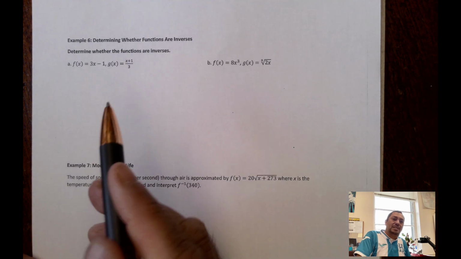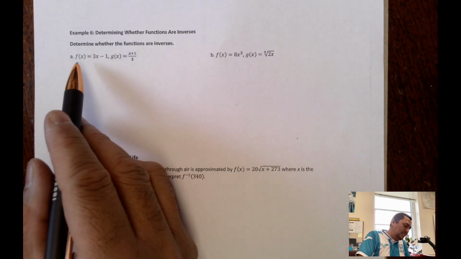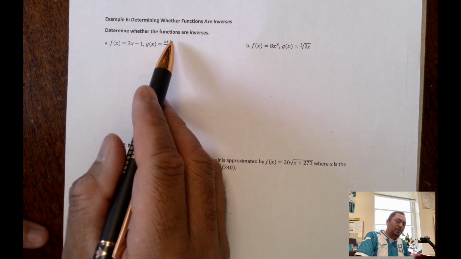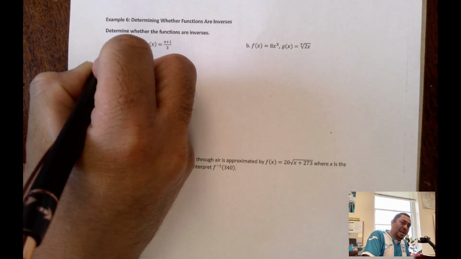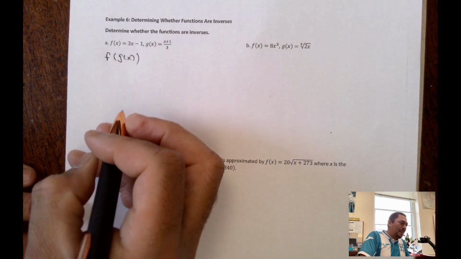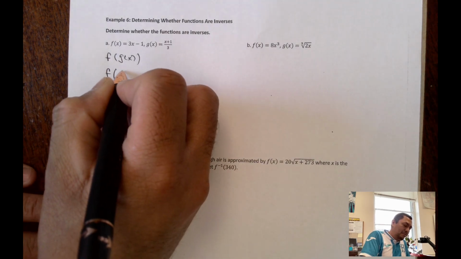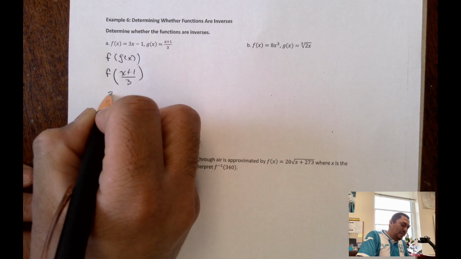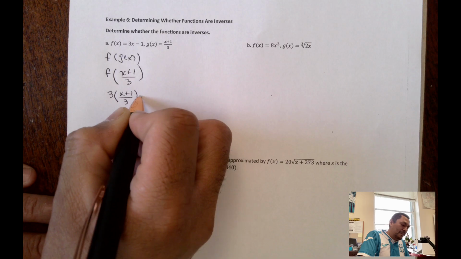So example 6 says, determine whether the functions are inverses. I have f(x) equals 3x minus 1 and g(x) equals (x plus 1) over 3. In this case, I'm going to do f of g(x). Following the previous lesson, I will have f of (x plus 1) over 3, and I'm going to have 3 times (x plus 1) over 3 minus 1.